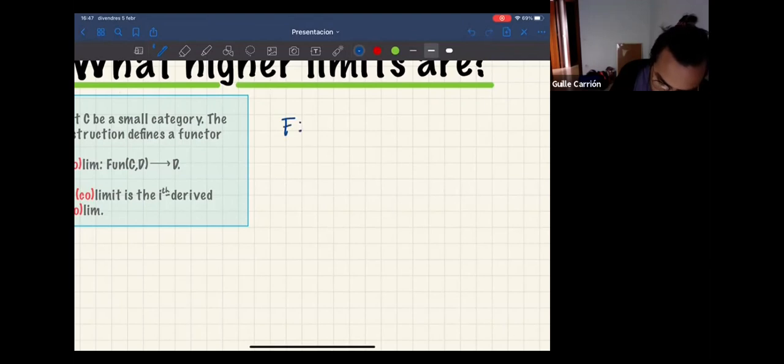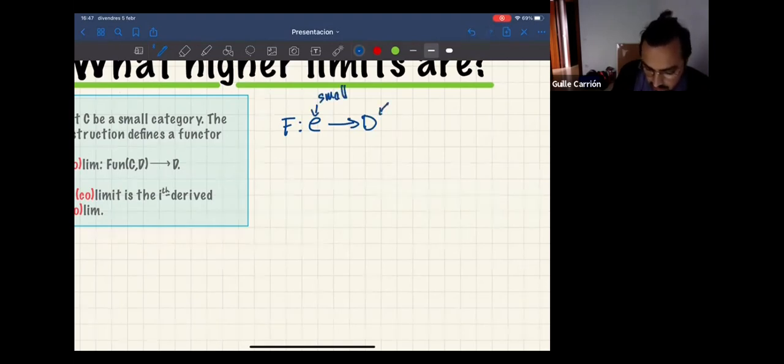Imagine that you have a functor like this, and this is small, and D has all small limits and colimits.